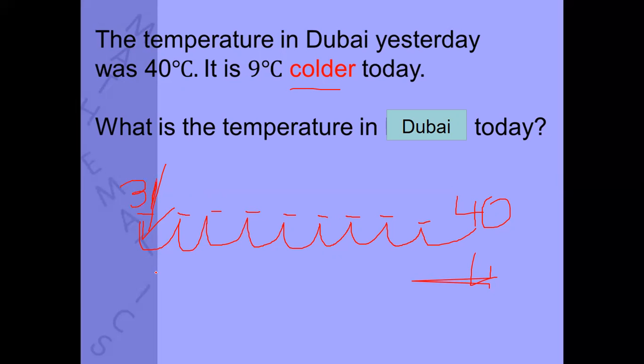Or you can say 40 minus 9. Okay, it's very easy, isn't it? So the new temperature in Dubai is 31 degrees.